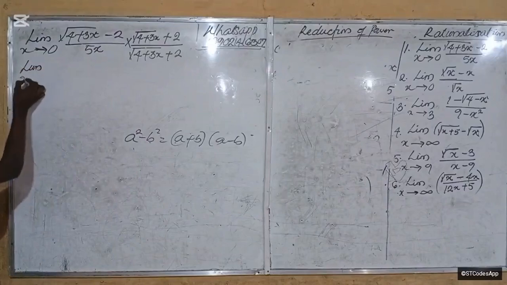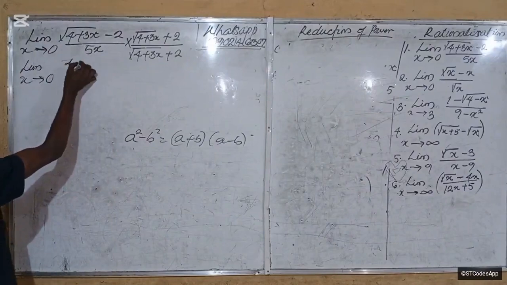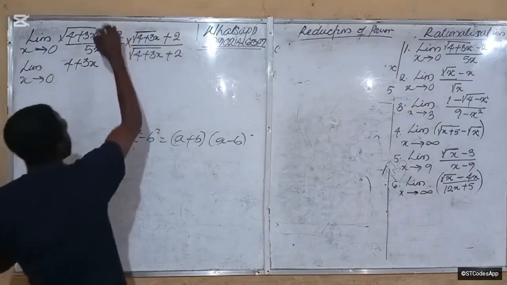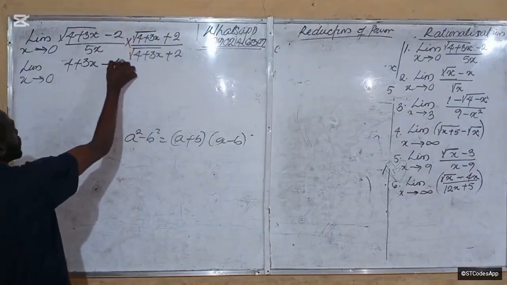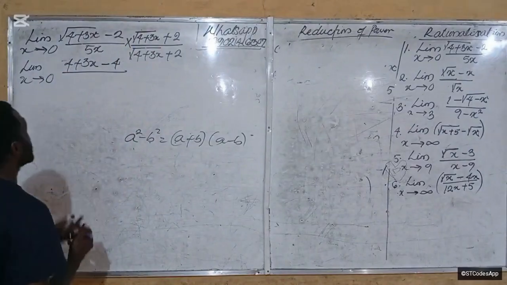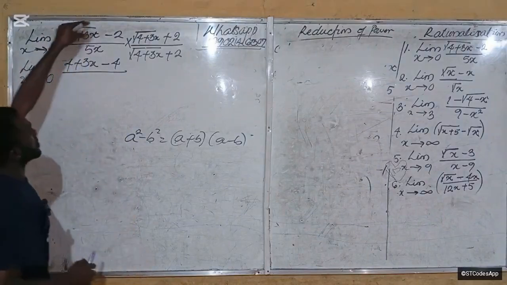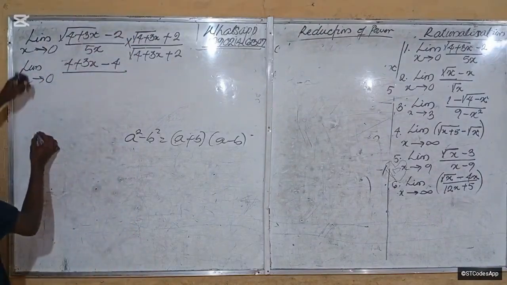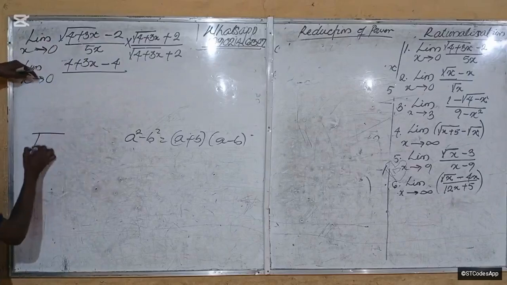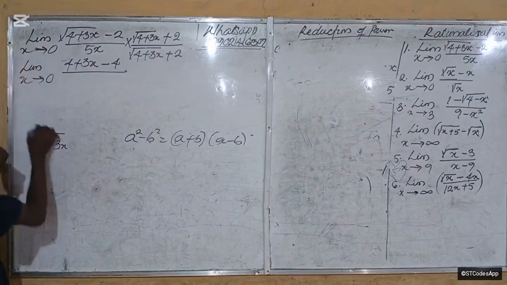So this times this is going to cancel the square root, so that the limit as x approaches 0 of our expression becomes 4 plus 3x, then this guy you are going to square, minus 4, all over. I hope that is clear. Let me explain, and this is the only time I will explain that. This times this will give you the square root times the square root, that's just like saying the square root of 4 plus 3x squared.